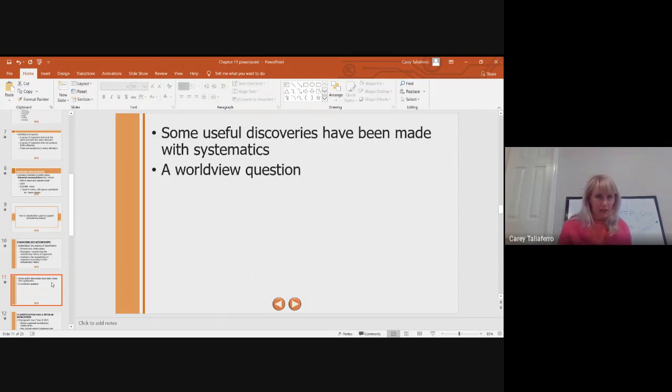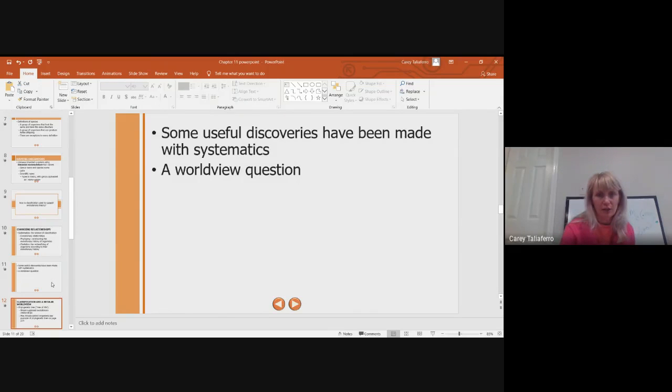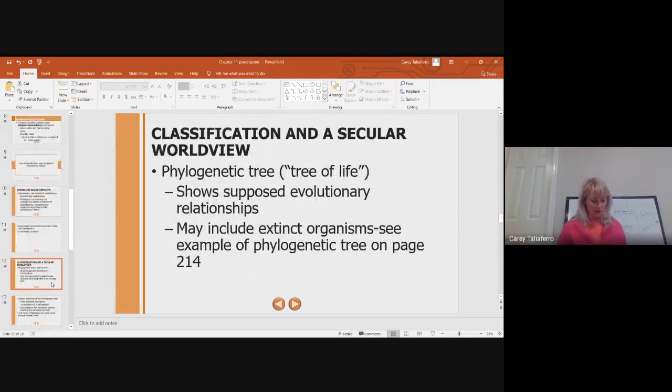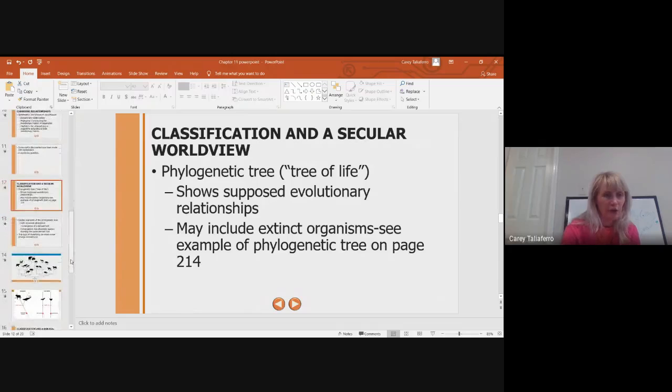So let's look at this idea of a phylogenetic tree. There's a picture of one on page 214, but I also have it here, so I'll try to go back and forth. The idea is that it shows a supposed evolutionary relationship between organisms.